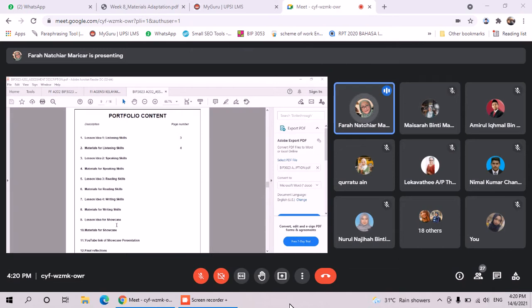So the showcase material is essentially to show others that I can do something better after all this experience. So these are all the compulsory materials that you have to come up with.